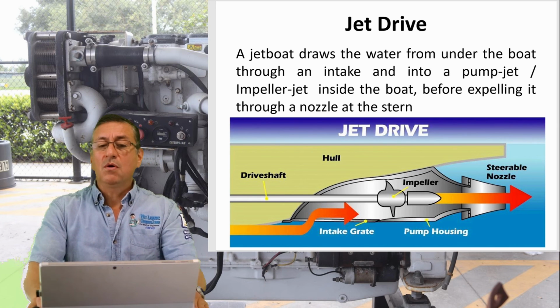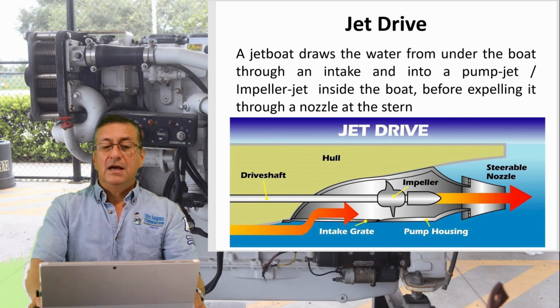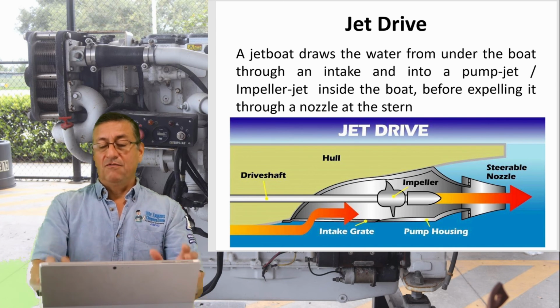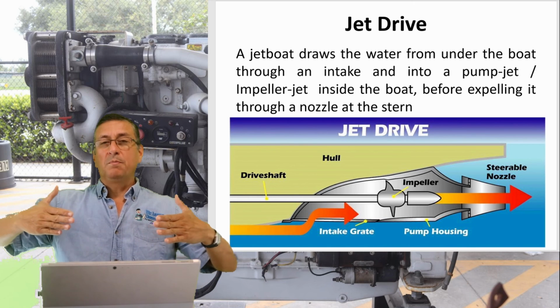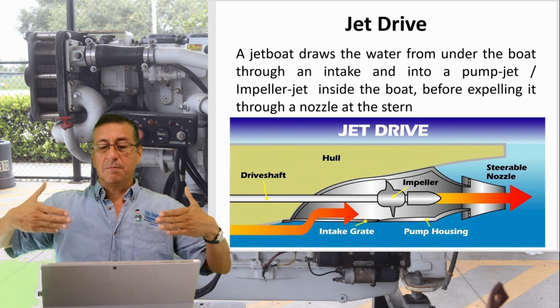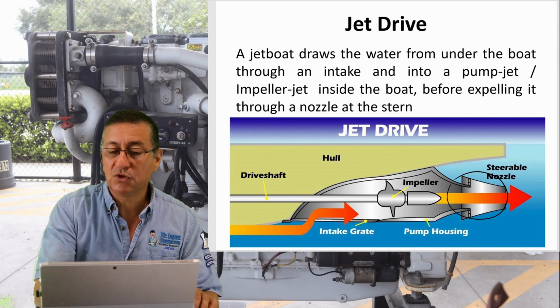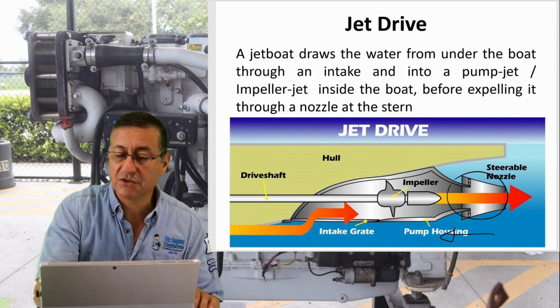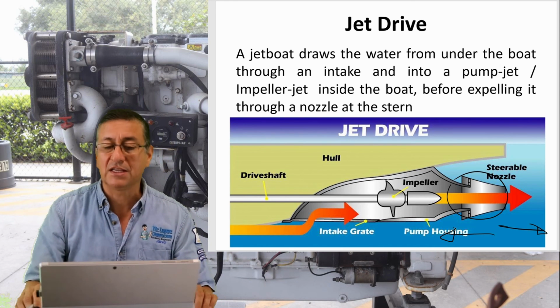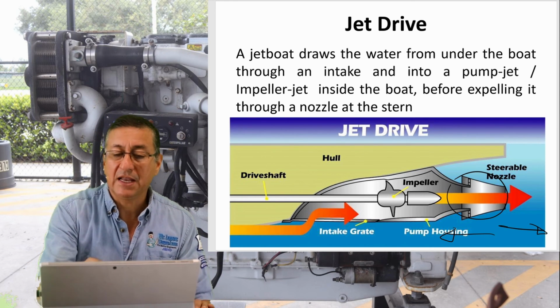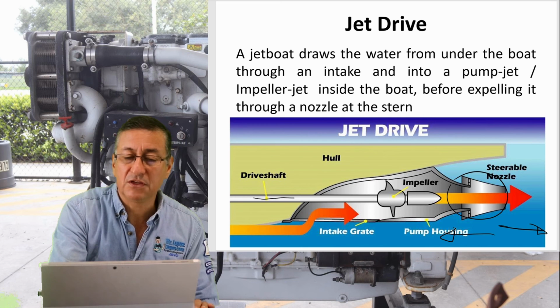The jet drive draws the water from under the boat through an intake and into a pump jet or impeller jet, and forces the water to pass through the funnel. And when the water passes through the funnel, this funnel here produces the reaction. The boat moves in one direction and the jet of water in the other direction. It's too simple. And the shaft of this pump is connected with a coupling to the engine.